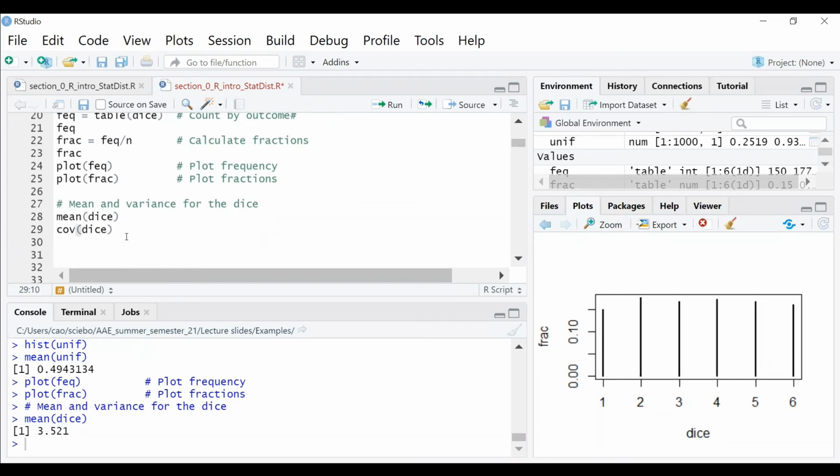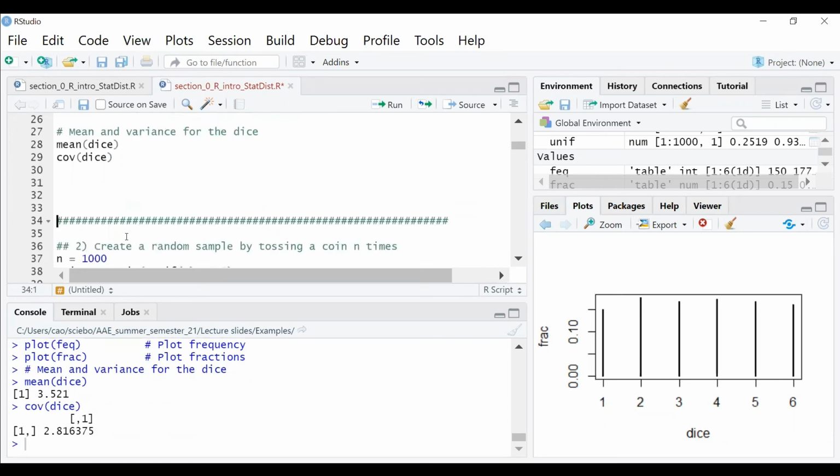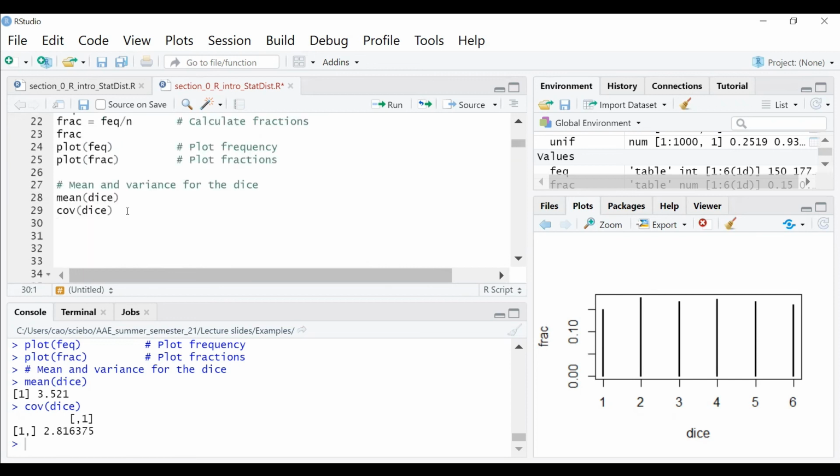And when I said 3.5, I mean 3.500. And then the variance of our sample is 2.81, whereas theoretically we have 2.92, right? So pretty close, but not the same.